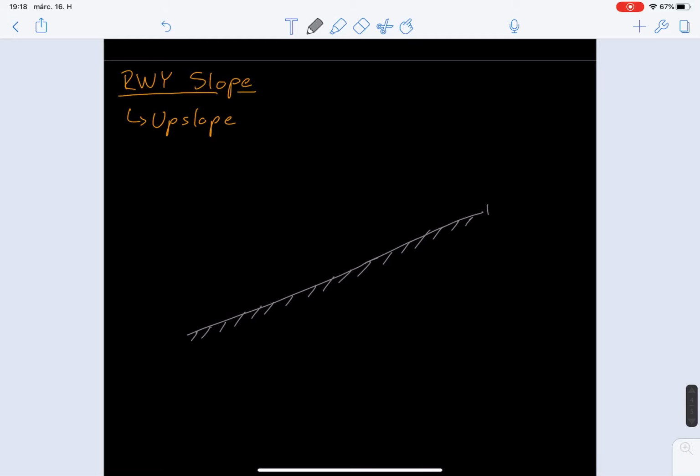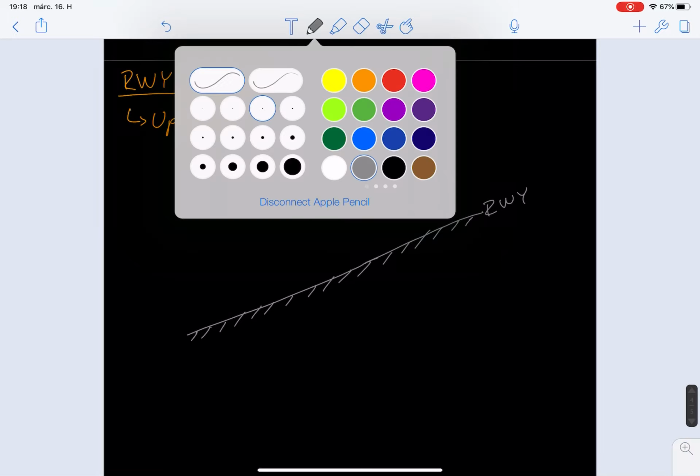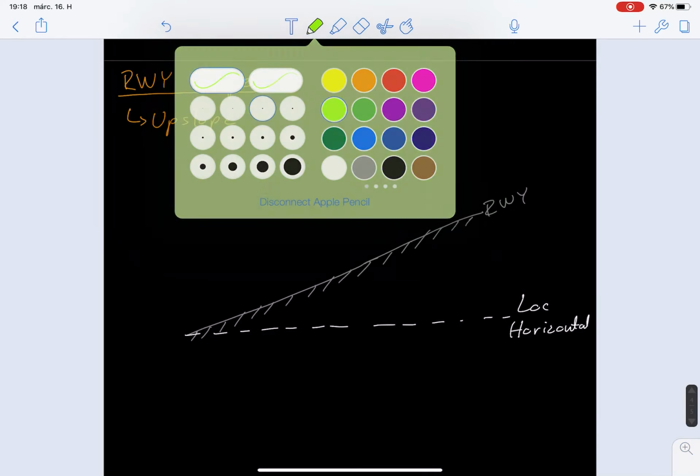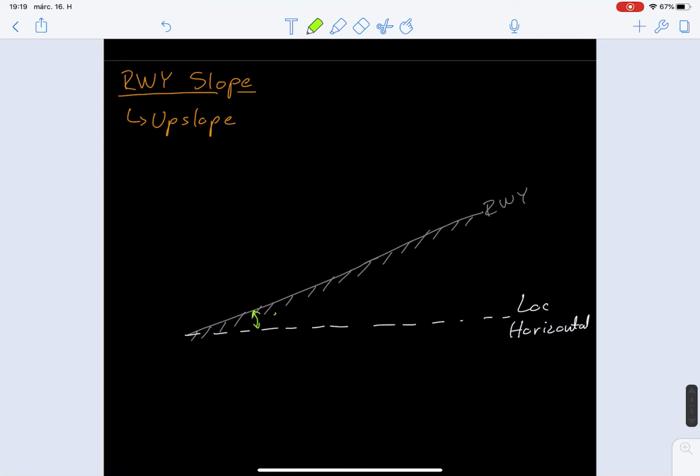So here's the runway. And let's say we also have here a local horizontal, and we can define an angle between the two, which we're just going to call, let's call it phi.